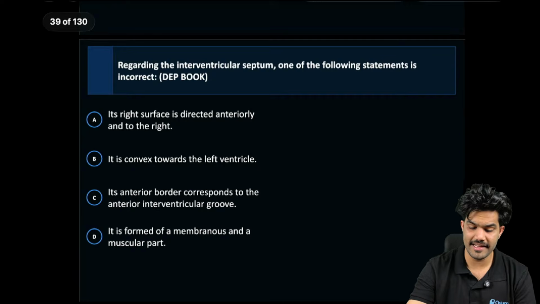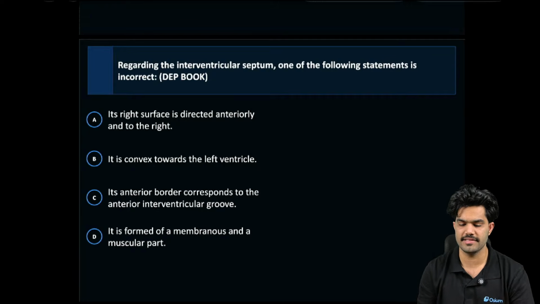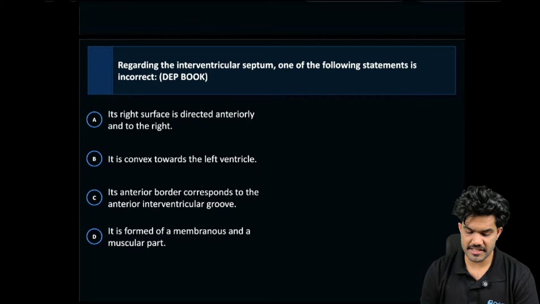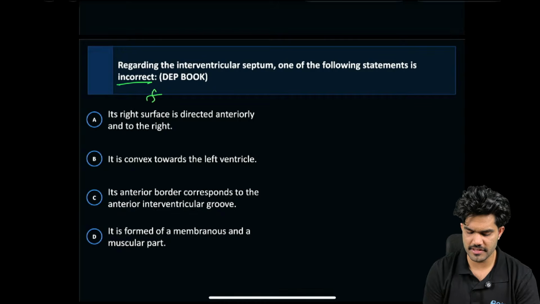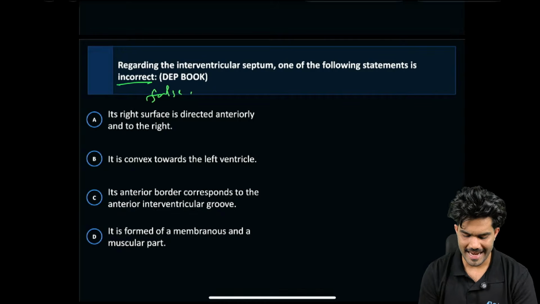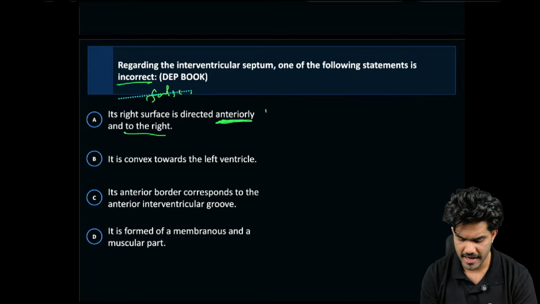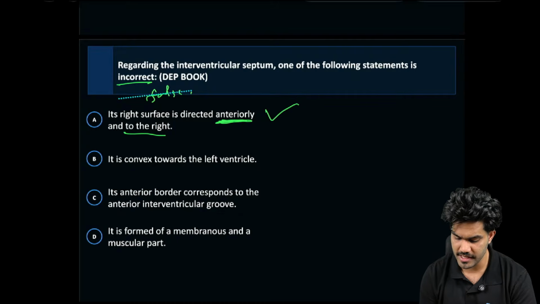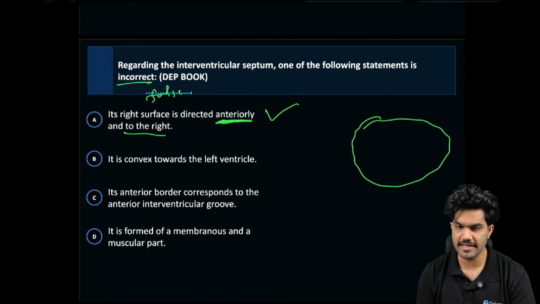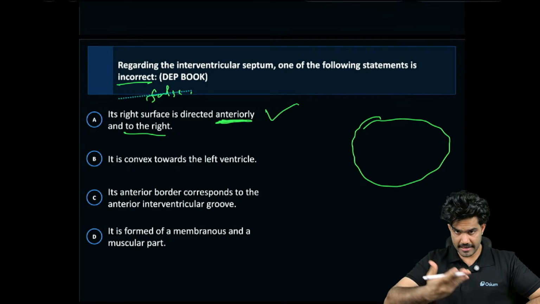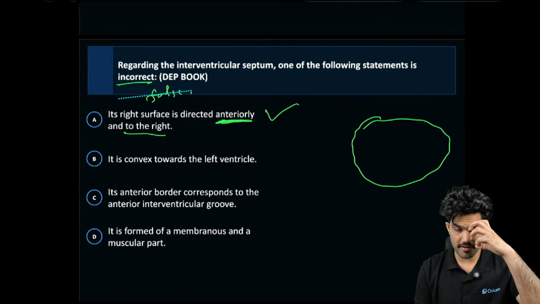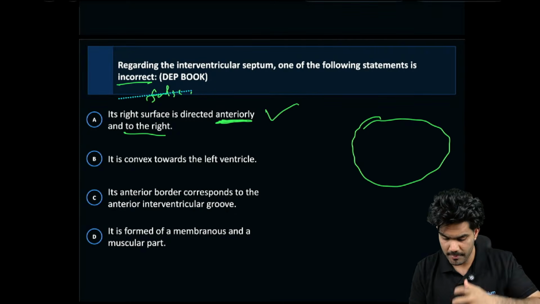Regarding the interventricular septum, one of the following statements is incorrect. We have to identify the false statement. Its right surface is directed anteriorly to the right. Yes. See, if I draw the cut section, I am cutting the heart like this and viewing from the upper side.